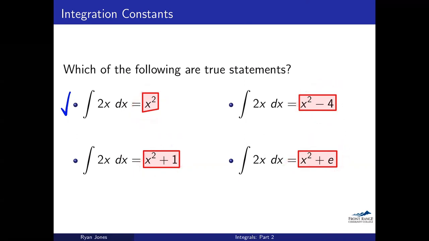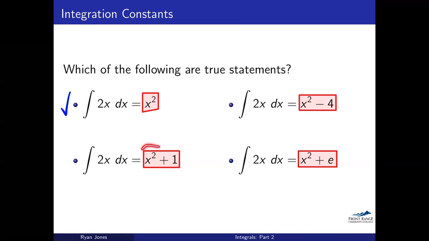Let me explain. We're going to think backwards on all of these, just like we've been doing with integrals. We take this supposed answer and say, if we take a derivative of it, what do I get? If you take a derivative of this, you should just get 2x. We do our power rule here, which gives us 2x, but this is a constant, and when I take a derivative of it, it goes to 0.